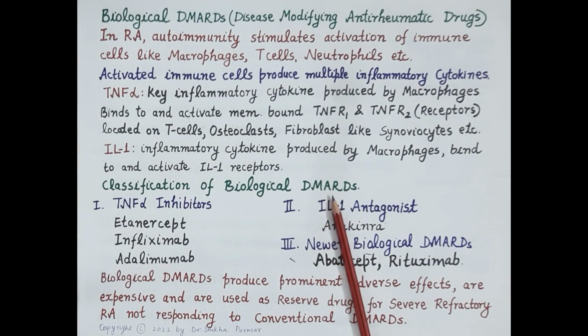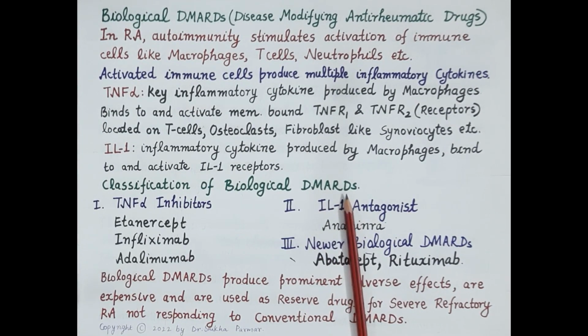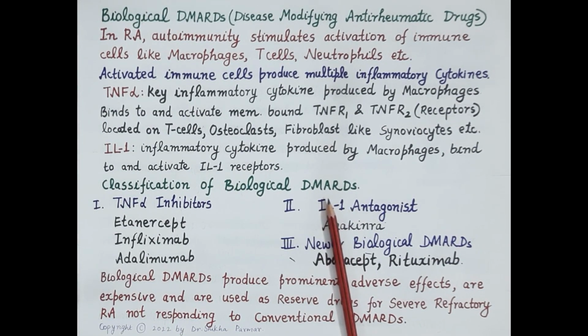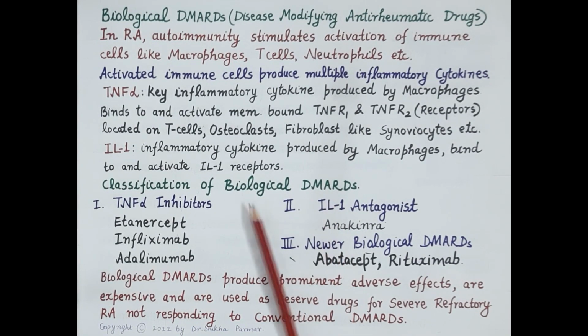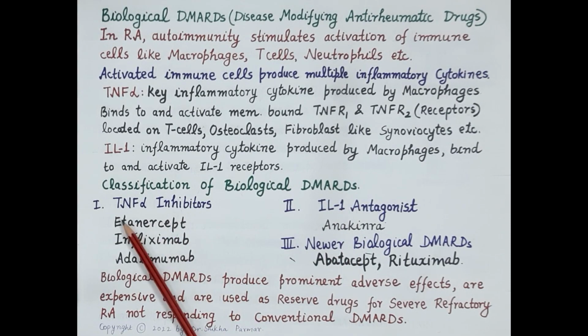Now as we all know, DMARDs are of two types: non-biological or conventional DMARDs like methotrexate and leflunomide, then biological DMARDs. Now biological DMARDs are classified as tumor necrosis factor alpha inhibitors.